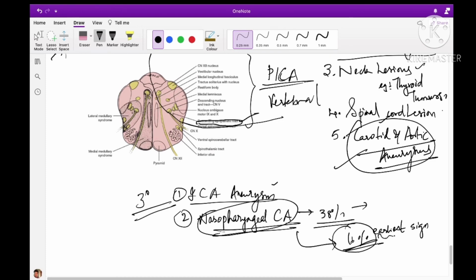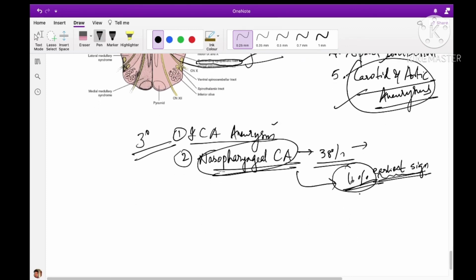So it is very critical to identify this and diagnose the cancer then and there, so that you can treat it with radiation therapy. The most commonly involved nerves are the fifth and sixth, the abducent.